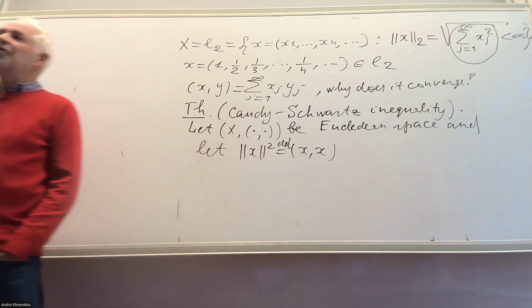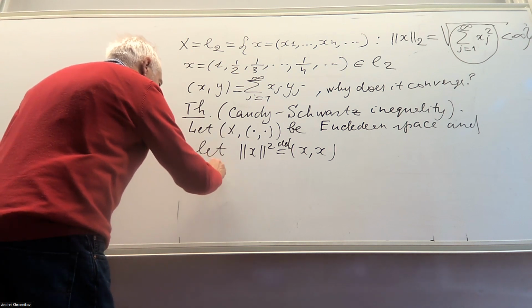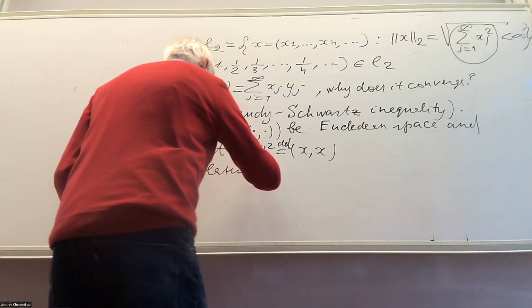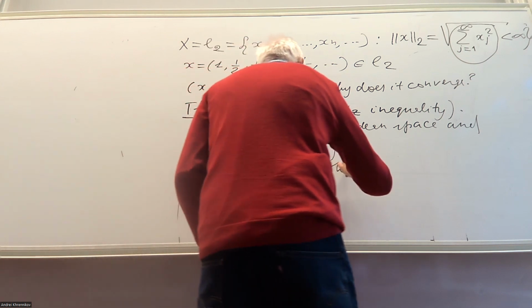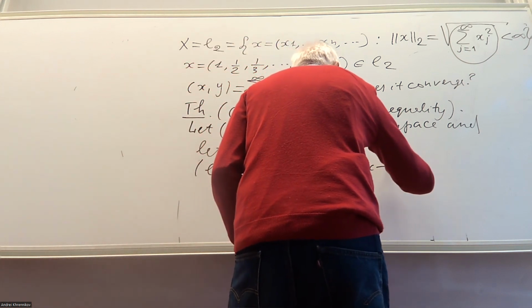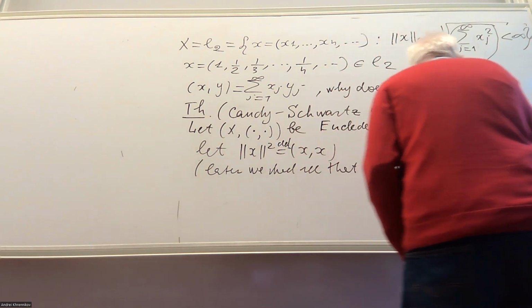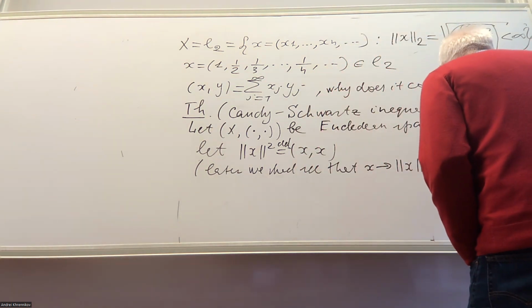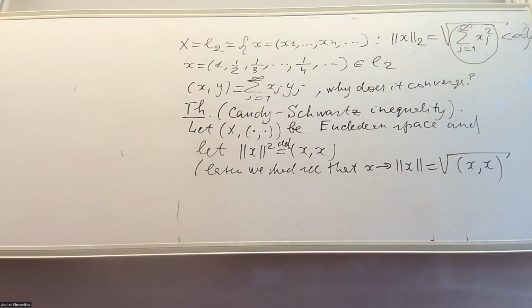Later we shall see that it's really a norm, but for the moment we don't know this. It's just this function, the square root of scalar product. We can write this function because scalar product is non-negative.